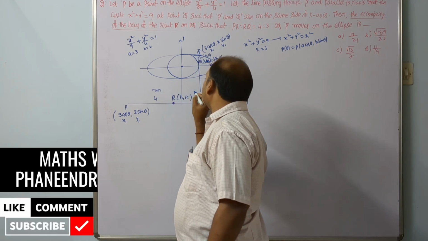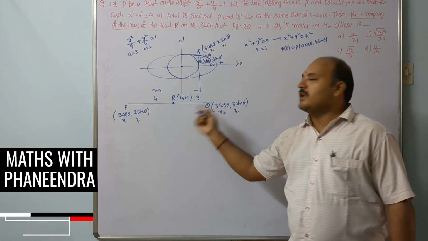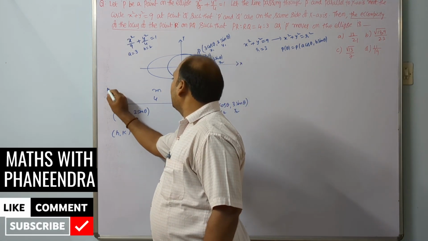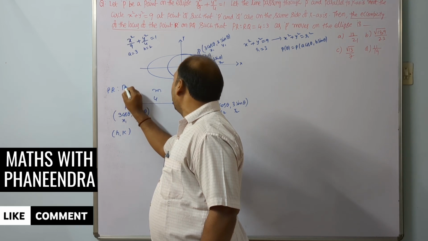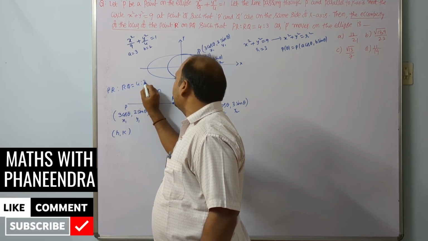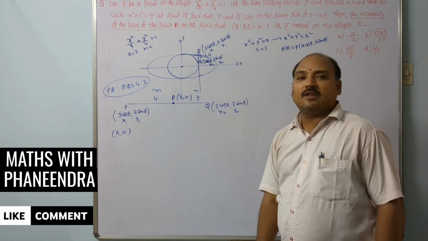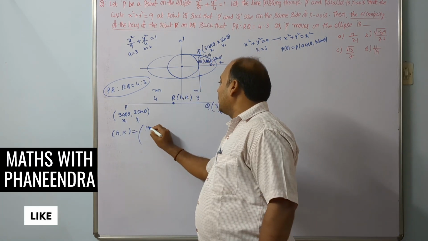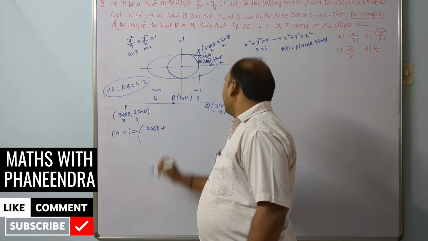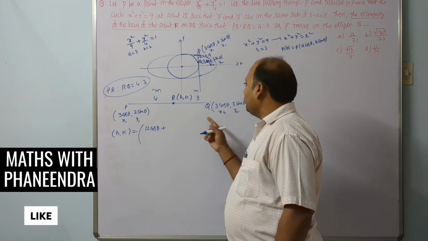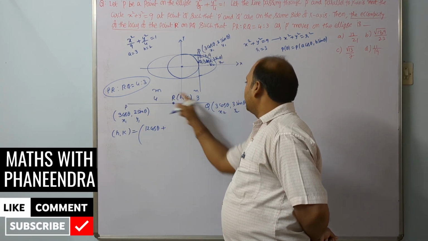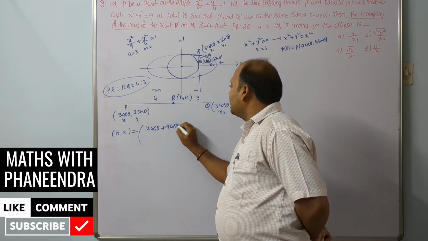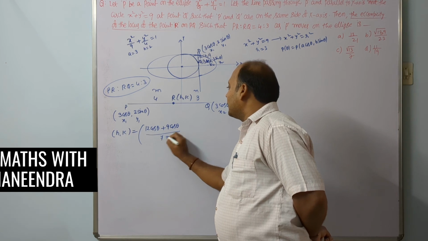This is m, this is n. The formula is (mx2 plus nx1) by (m plus n), no? So for h comma k, PR is to RQ equal to 4 is to 3, dear students. That's why I wrote it like this. So 4 into 3, 12 cos theta, plus 3 into 3, 9 cos theta, divided by m plus n, 4 plus 3 is 7.